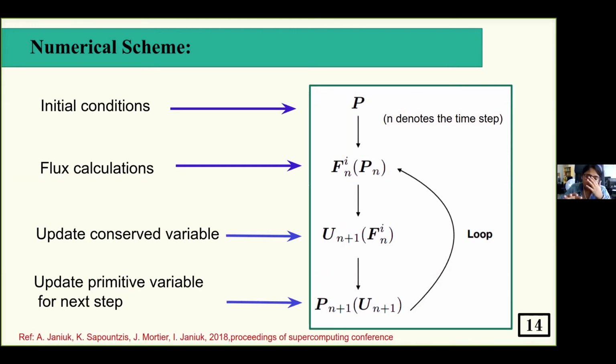The time step of this conservative scheme works like this. We put in the initial condition, which calculates the flux, and updates the conservative variables. Further, the primitive variables get updated for the next time step using the conserved variables.